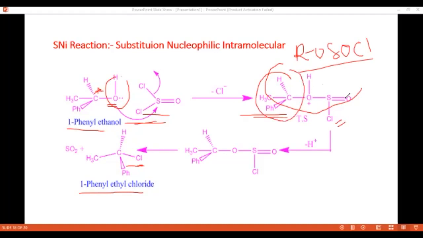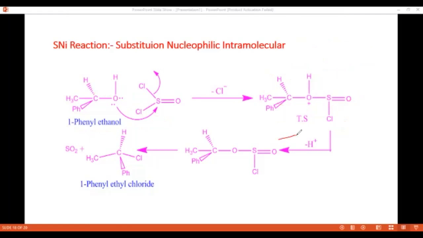This alkyl chlorosulfide can be isolated under mild conditions. In this step, no inversion is possible.